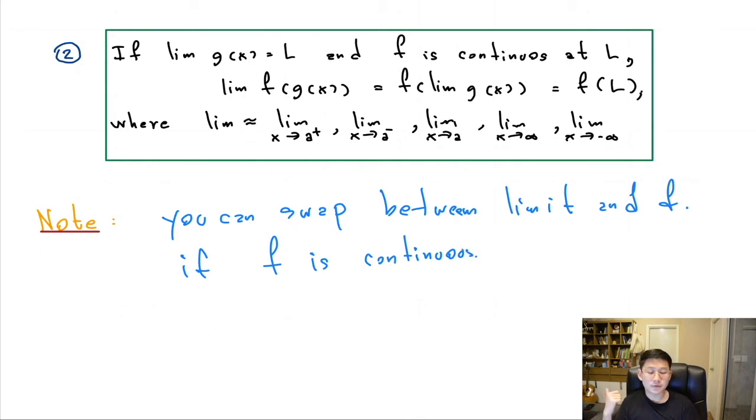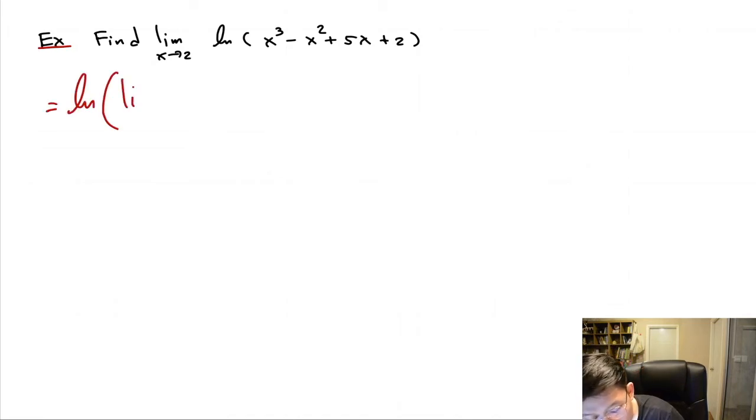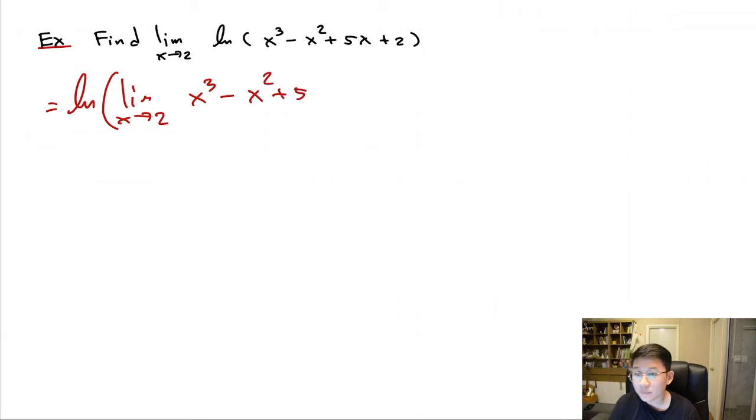For example, the limit as x approaches 2 of log of this expression is actually the same as log of the limit as x approaches 2 of this expression. They are the same thing.